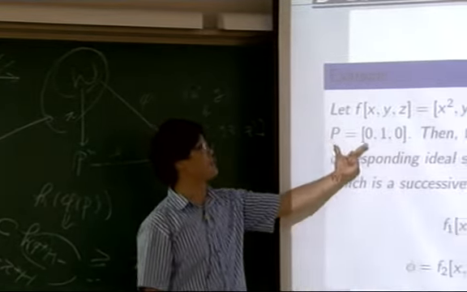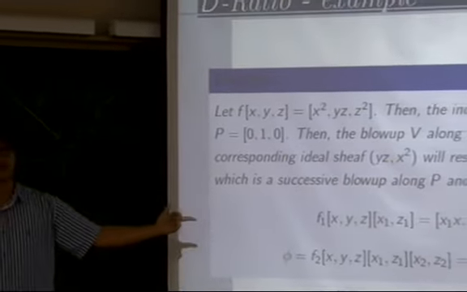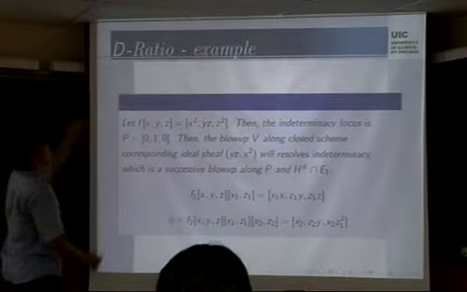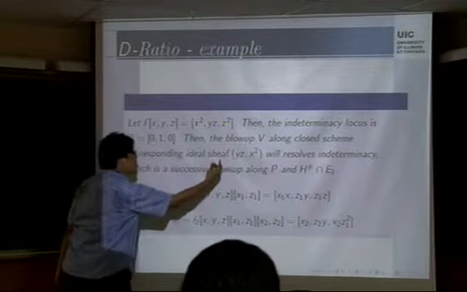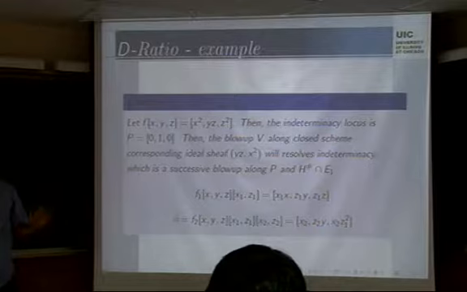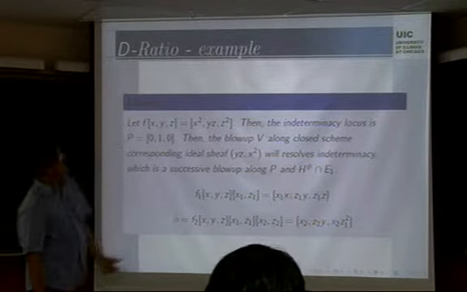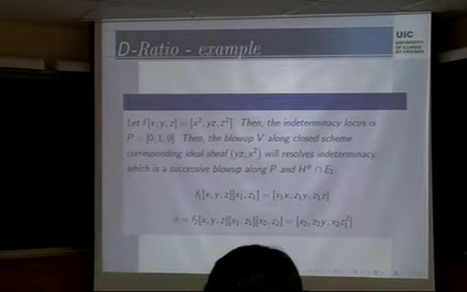So we only have one indeterminate point. If you resolve the indeterminacy of this function, we should blow up along the corresponding ideal, which is the indeterminacy subscheme of your functions. If you blow up along these ideals, then you need 2 blow-ups.